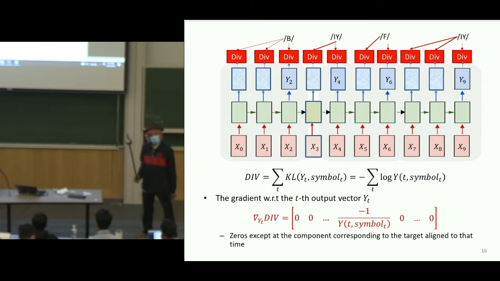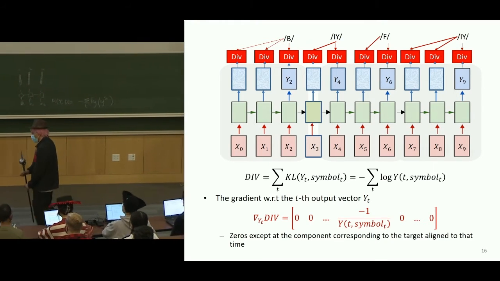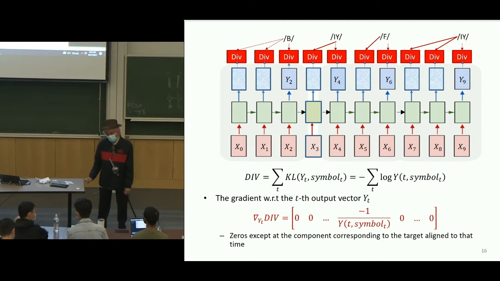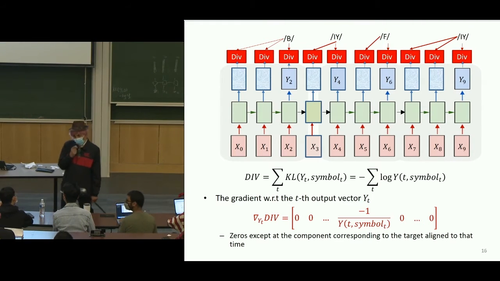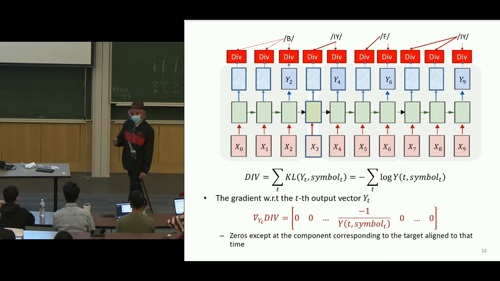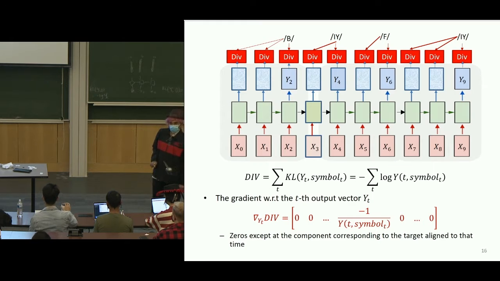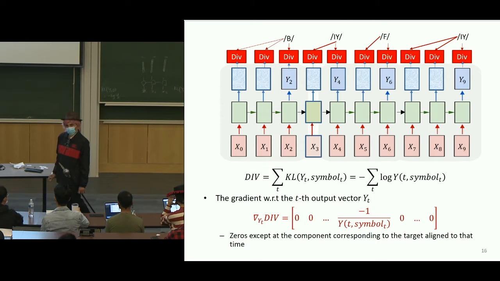And now if I actually compute the derivative with respect to the output, who is 29? When I compute the derivative of the divergence for back propagation, how do I actually compute the derivatives? Can you tell me which derivatives I would need as the first step for back propagation? Anybody else?